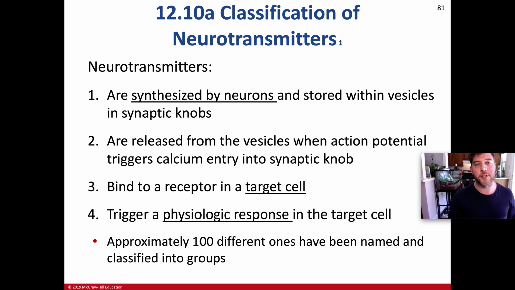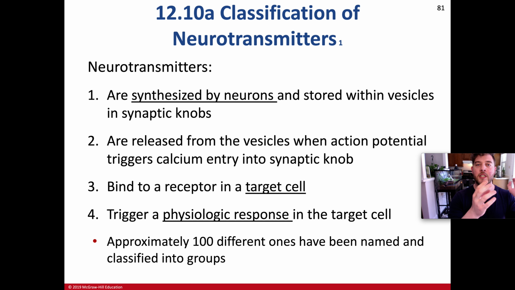Okay, so neurotransmitters, what are they and how do they work? Neurotransmitters are synthesized by neurons and then stored within vesicles in the synaptic knob. They are synthesized in the soma. Remember, the soma is where everything occurs, and then you have that anterograde, retrograde transport that moves things back and forth, the fast axonal versus slow axonal, you remember.